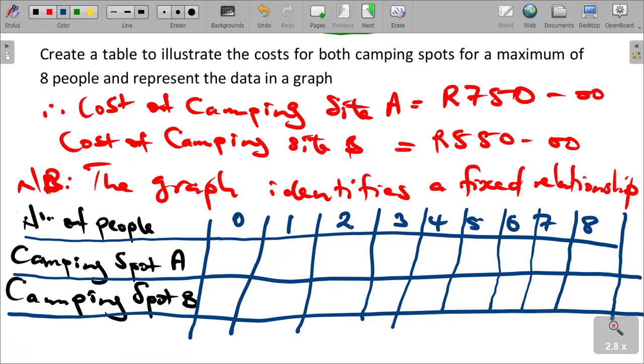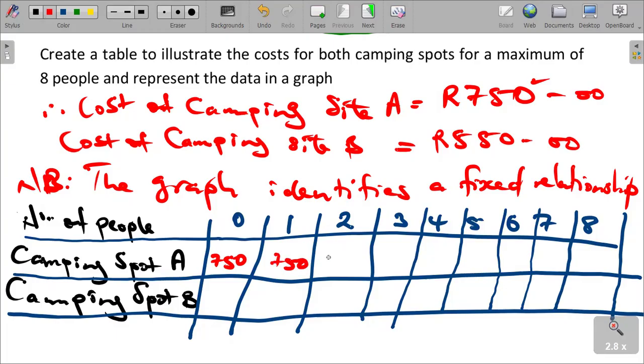So we said camping spot A costs 750 rand. That is given here. So if you are one person, it's 750.